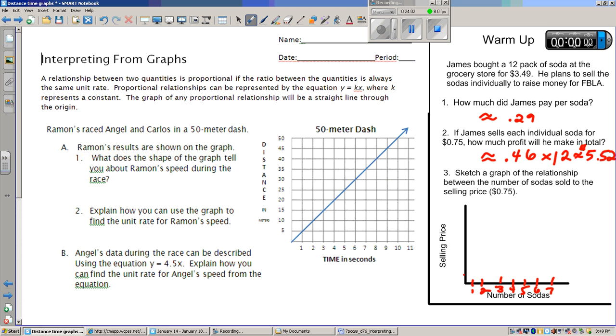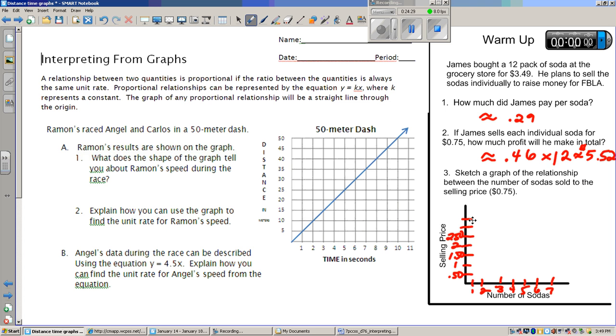All right, and then our selling price, we can go by 1. We can go by, let's say, 50 cents. If you want to go up by $1, that's fine. If you want to just go up by 75 cents, either way is fine. Let's go up by 50 cents. All right, 50 here, $1, $1.50, $2, $2.50, so on and so forth.